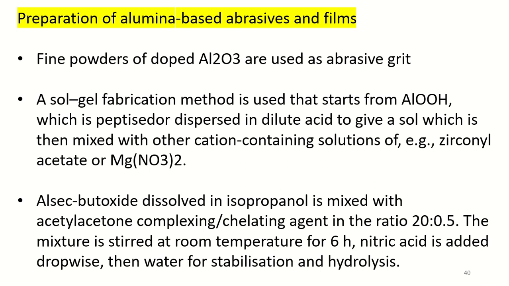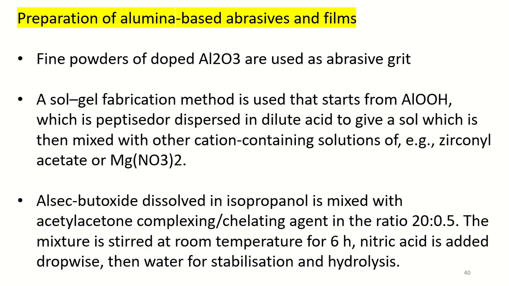The resulting films are quite hard but transparent and insulating, and resistant to many chemicals, abrasion and corrosion. In a typical method, aluminium secondary butoxide dissolved in isopropanol is mixed, and acetylacetone is added dropwise.